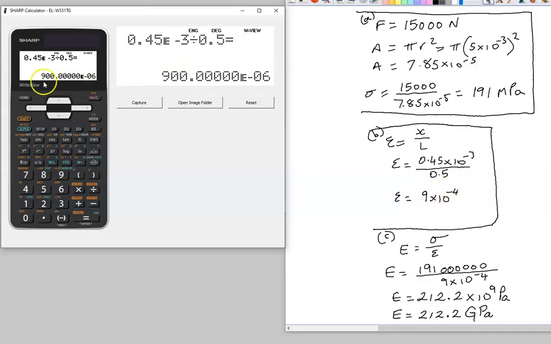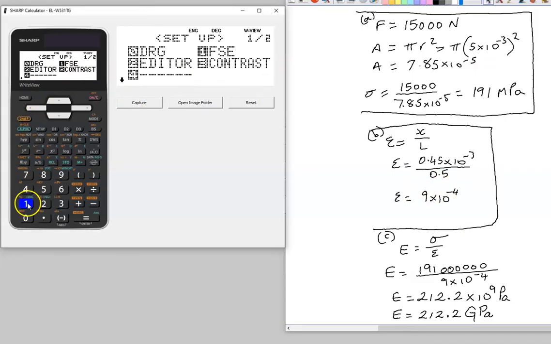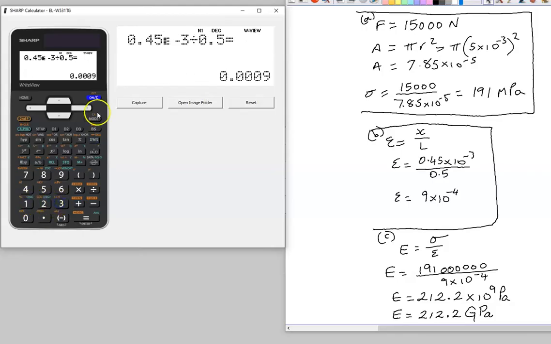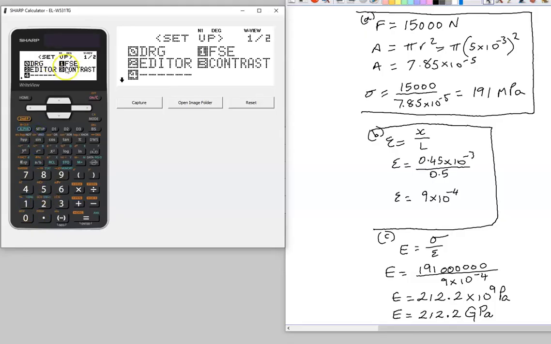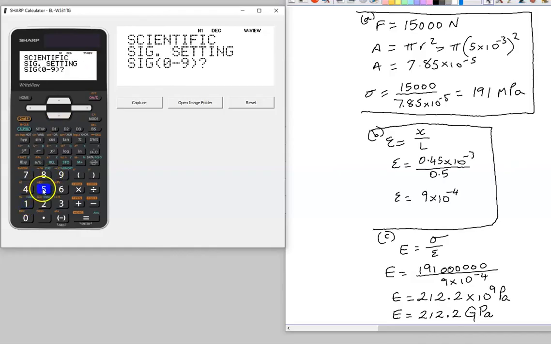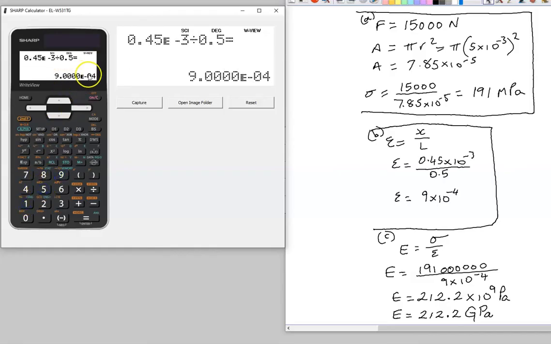If we change the setup into scientific mode, so setup, 1, scientific, 5 decimal places, we get 9 to the power of minus 4, so same answer.